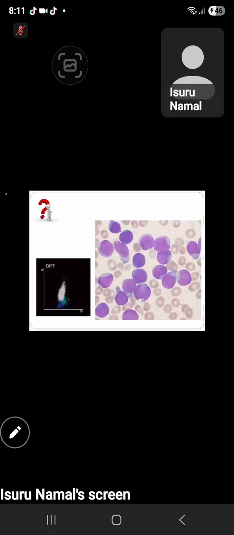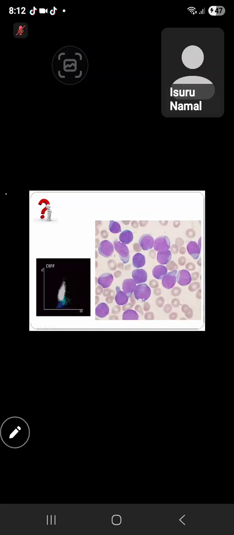Now here you can see this blood picture. I am sure you now have some experience, or have refreshed your knowledge, to identify blast cells. Therefore I am sure you can identify these as blast cells; these are not lymphocytes.